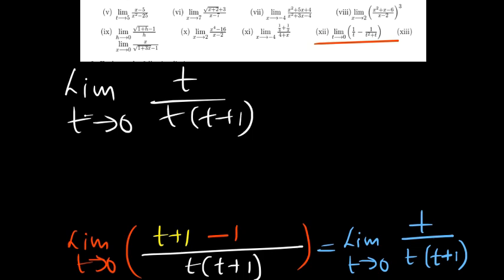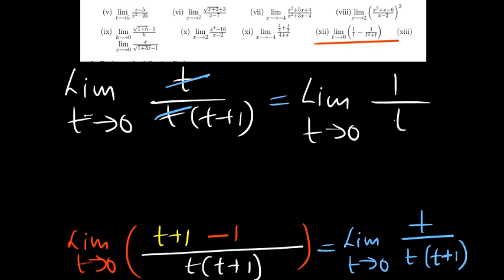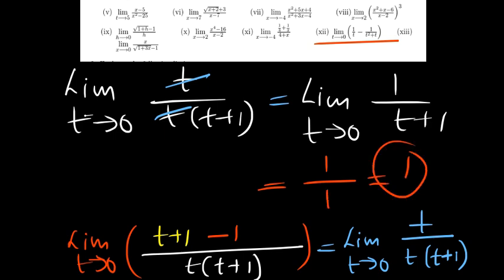So this can divide. So you now have the limit as t approaches 0, 1 over t plus 1, and then you can gradually substitute. You're going to have 1 over, where there's a t, 0 plus 1, so that's the 1, so you just have the 1 as the result.